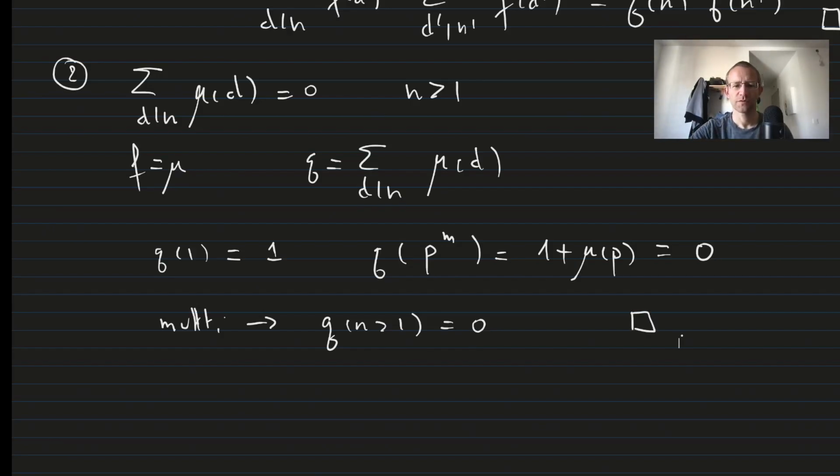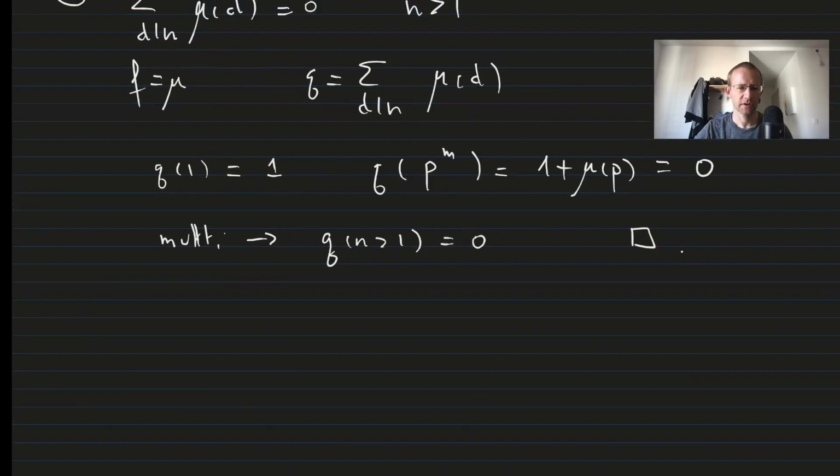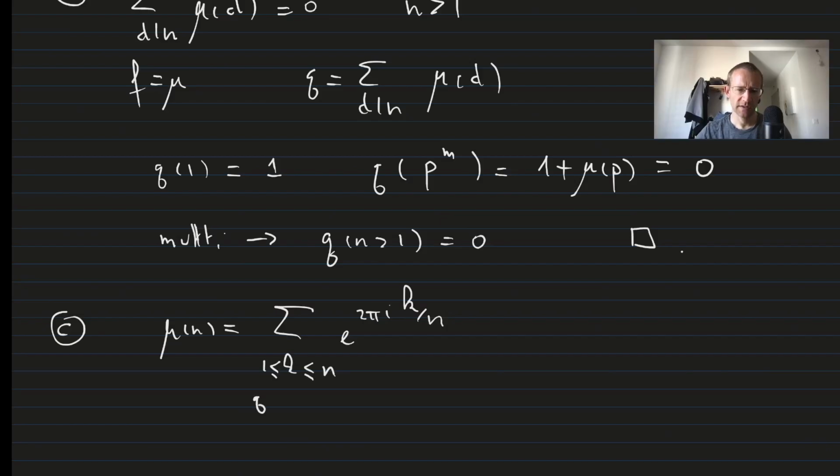For the third proof, I'll use an alternative definition of the Möbius function, which is that mu of n is equal to the sum over nth roots of unity, but they have to be primitive. So k, first of all, runs from 1 to n, and the GCD, the greatest common divisor of k and n, has to be 1.